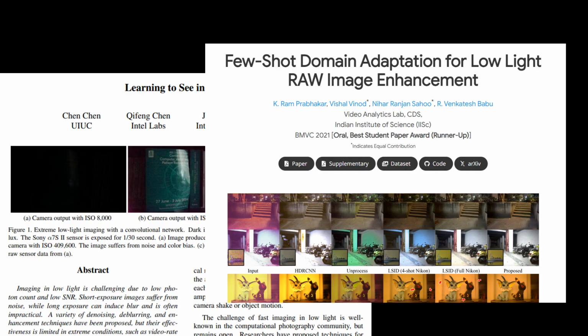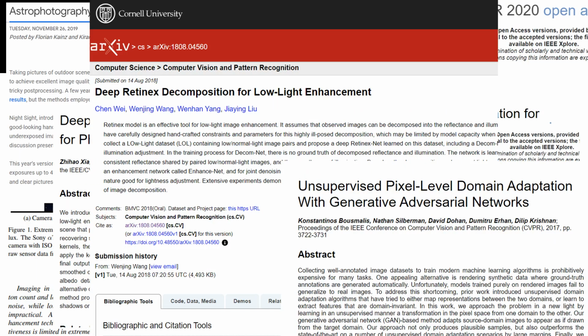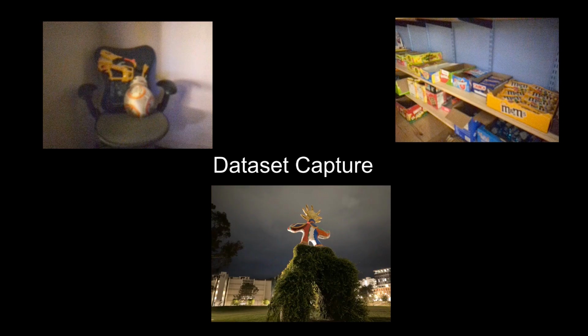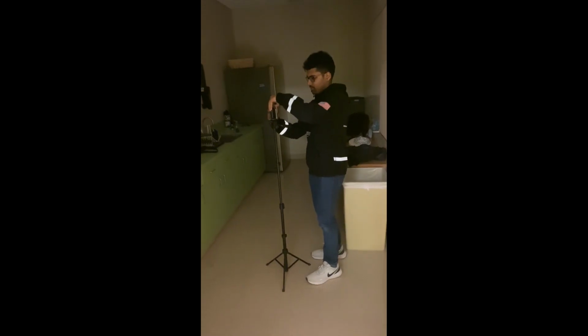First, we did a literature survey and deep dived into the field of low-light image enhancement. Next, we had to capture our data.